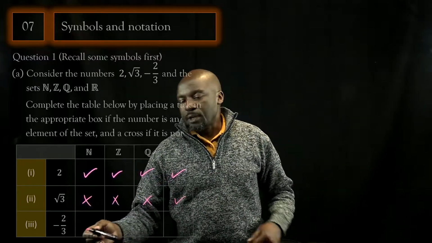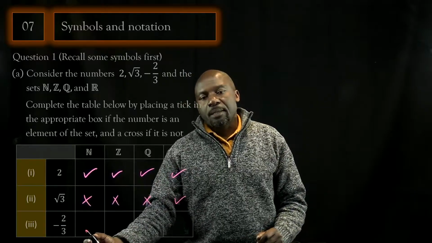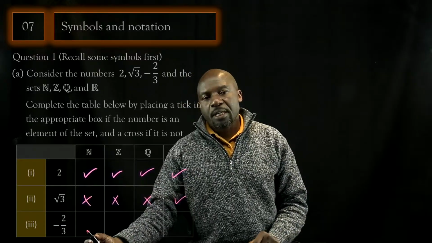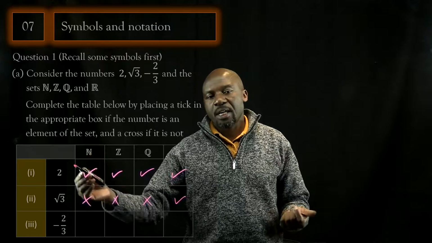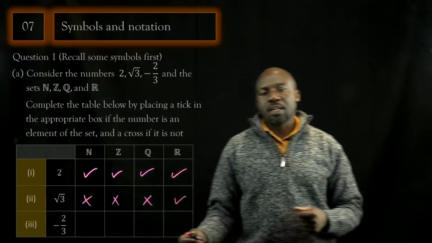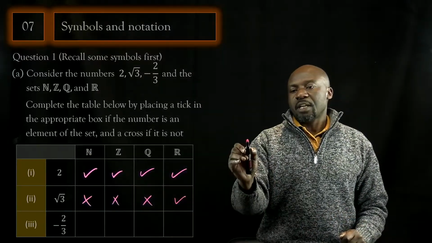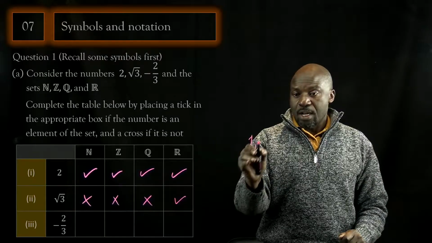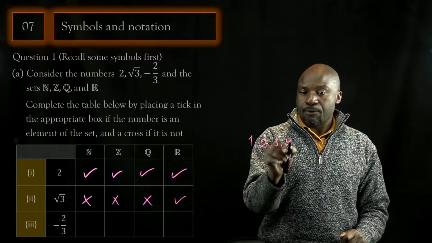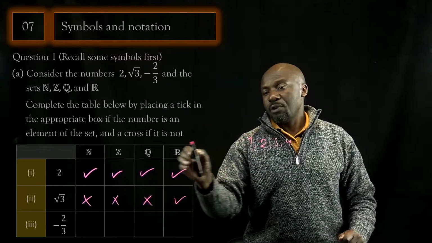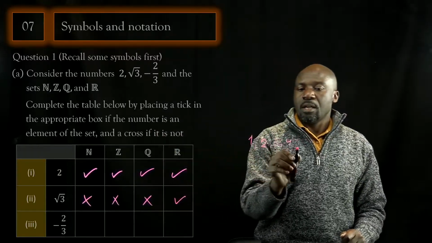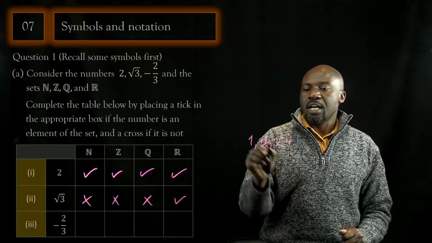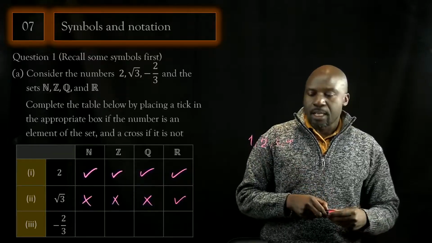We go to the third one. Is minus 2 over 3 a counting number? By definition of what we said, counting numbers are where we start counting by saying 1, 2, 3, 4. We don't even go to 0 and we don't go into the negative. So it has to be positive numbers and they must be whole. Okay?